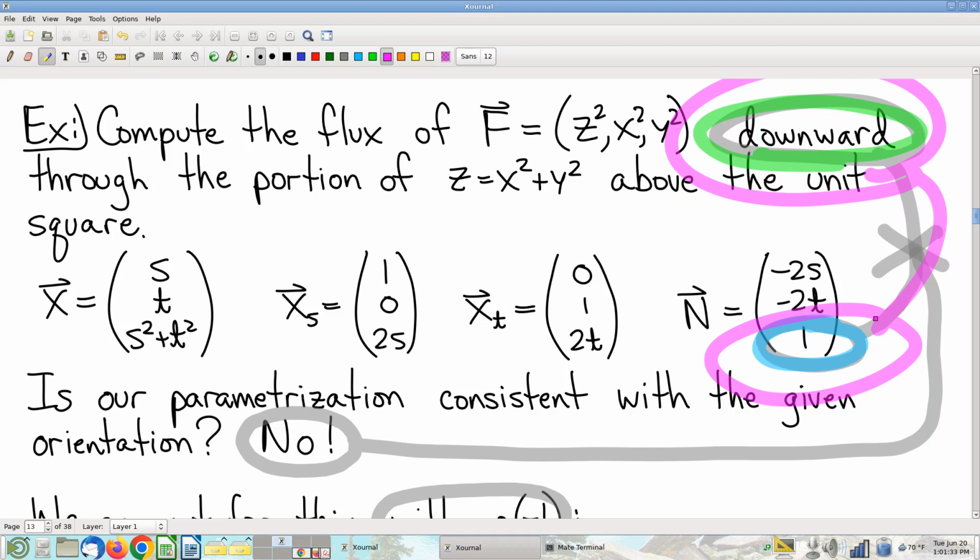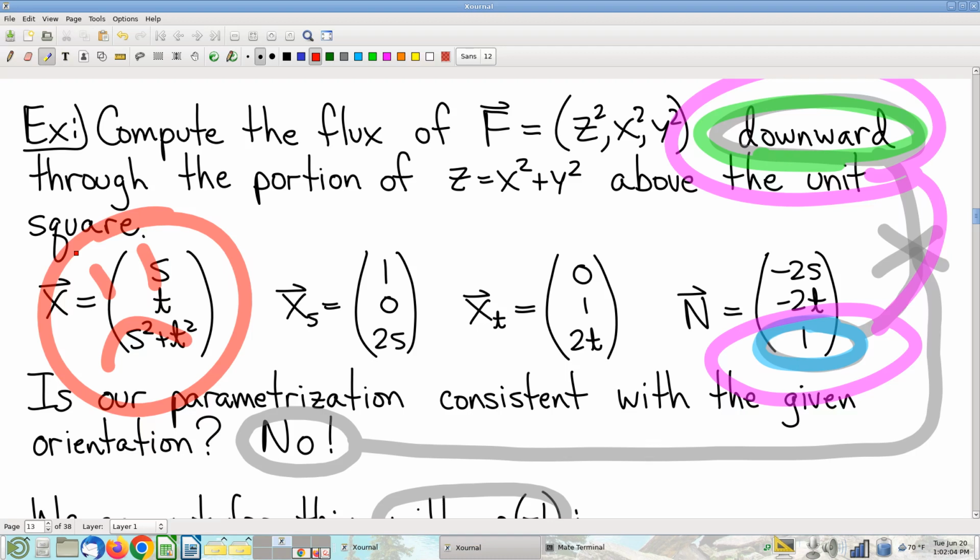And what you see here is that we have a mismatch. We have a positive third component in my parameterization normal vector, indicating that this is, if anything, upward. Our orientation, though, says it was supposed to be downward. We accidentally parameterized the wrong way. We parameterized, you might say, upside down. And so our parameterization is to blame.